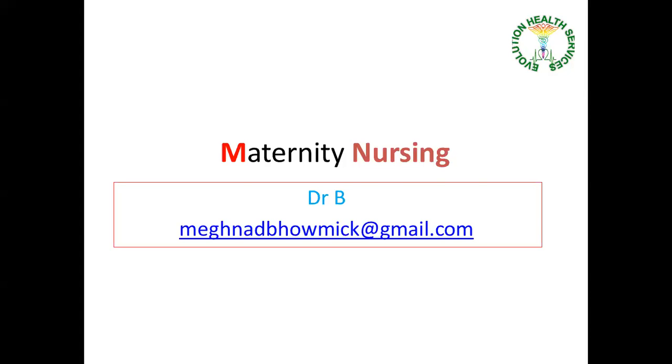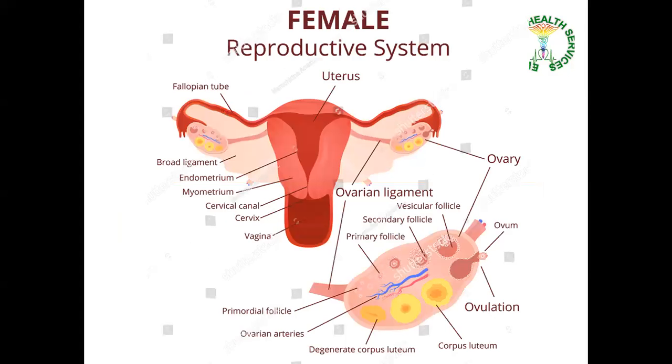Here, the picture is showing the reproductive system of the female. The reproductive system basically consists of the fallopian tubes, ovaries, uterus, and external genital organs.